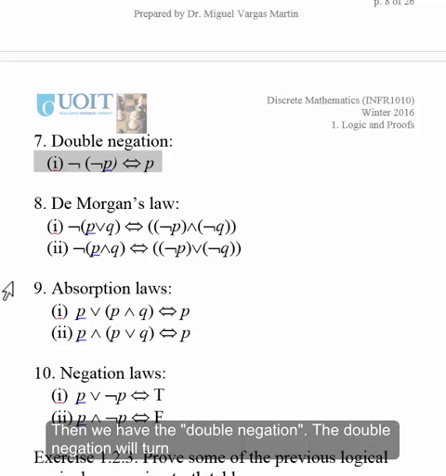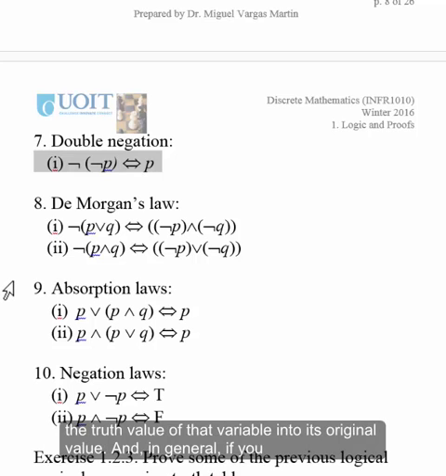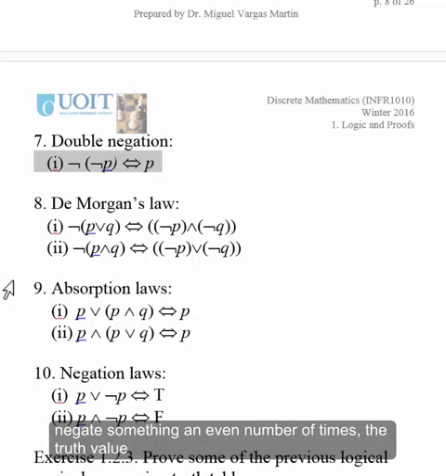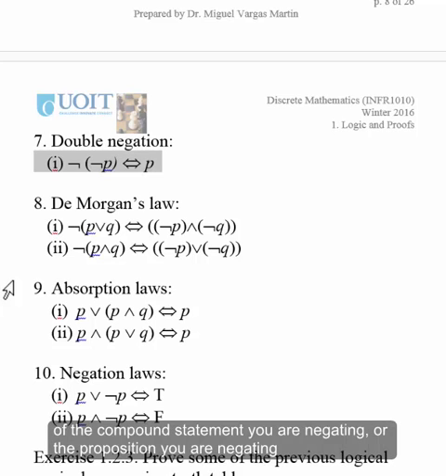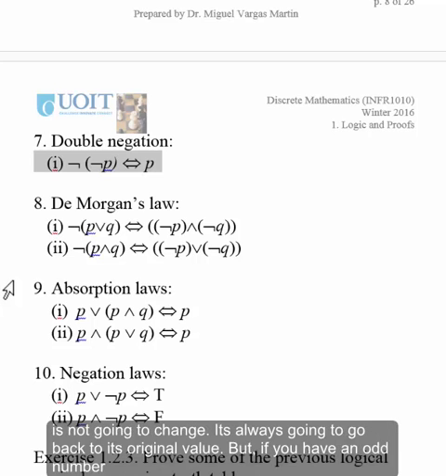Then we have the double negation. The double negation will turn the truth value of that variable to its original value. And in general, if you negate something an even number of times, the truth value of the compound statement or the proposition you are negating is not going to change.